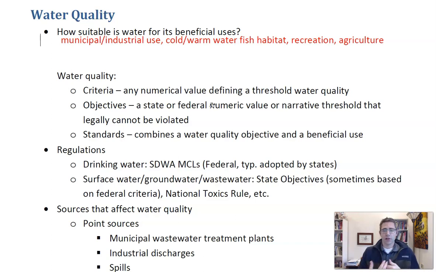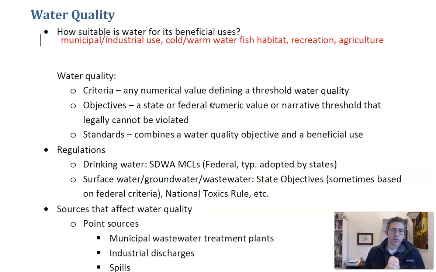So an example I'll use over and over is the contaminant nitrate has a criterion of 10 milligrams per liter as N. This is a number that says 10 milligrams per liter as N is where we start seeing potential effects of that blue baby syndrome that I mentioned previously in class. Right? If people or babies consume water with too much nitrate in it, they can have acute toxicity where they have trouble circulating oxygen in their blood. And so that 10 is a criterion.